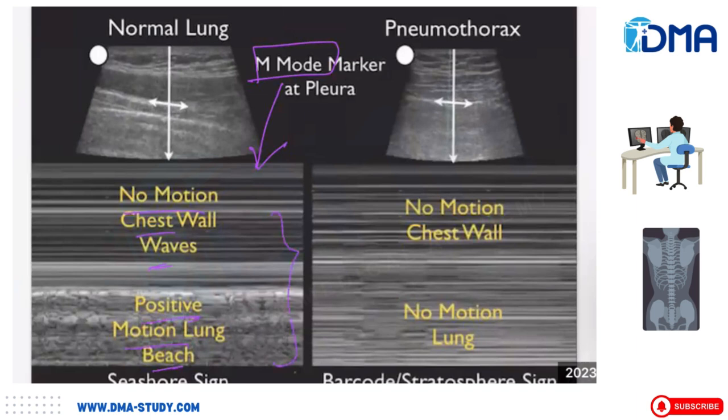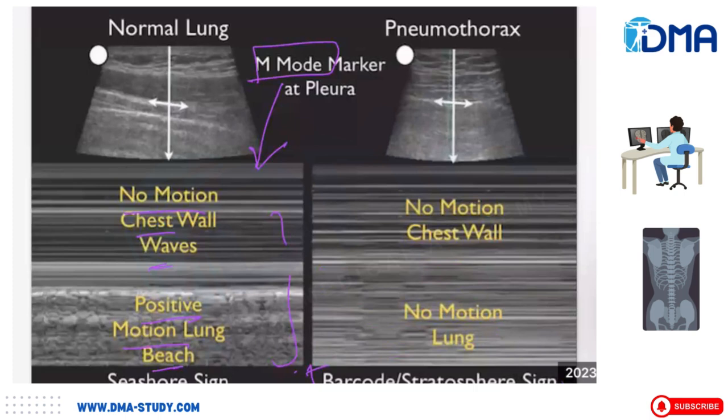In a pneumothorax, the chest wall is not moving and the lung is also not moving, so it will look like a barcode. This is the barcode sign. The barcode sign will be seen in a pneumothorax, and the seashore sign will be seen in a normal lung.